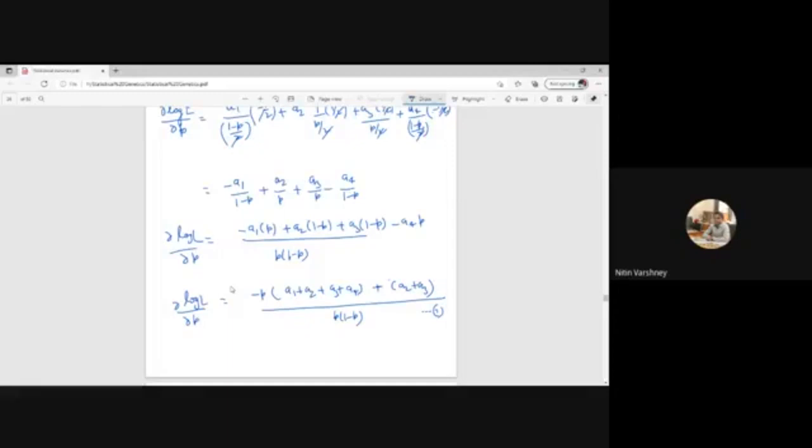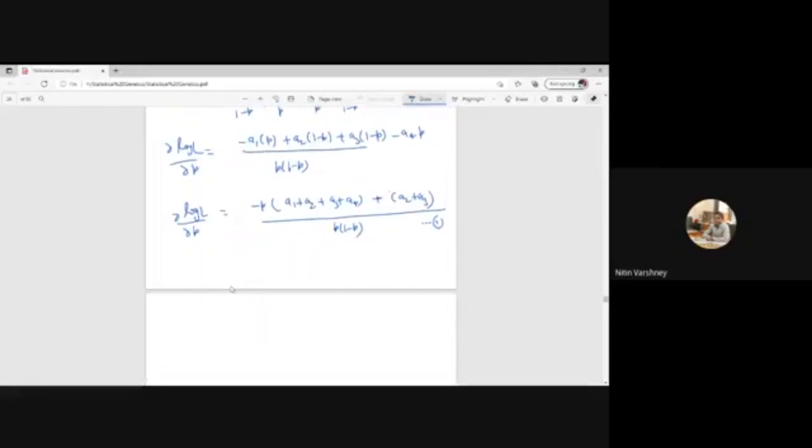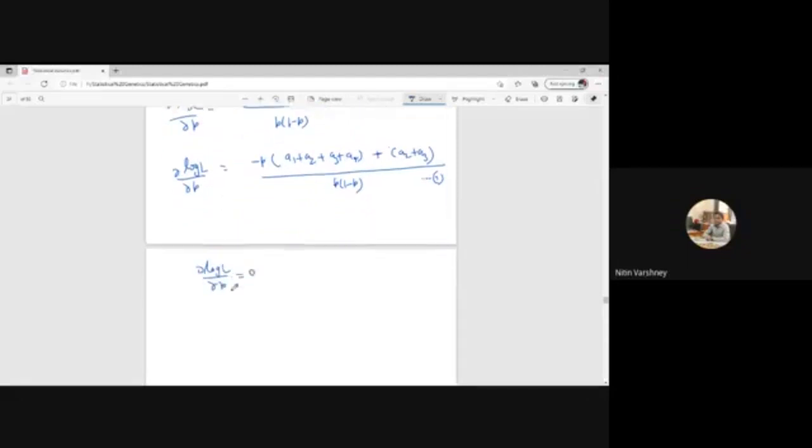Then we will equate this to 0. After equating it with 0, the denominator will go.